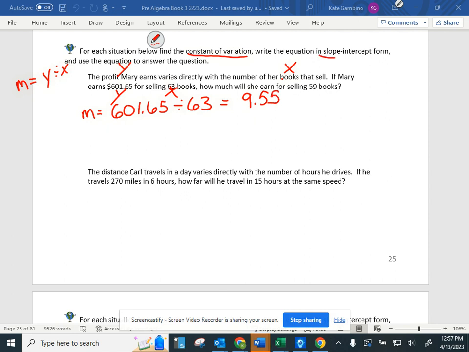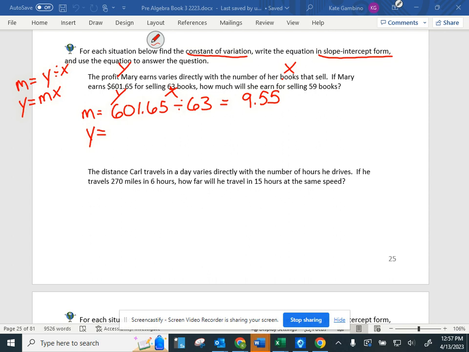So my second part is my slope-intercept form. So y equals what? Remember, our slope-intercept form, when it's a direct variation, is y equals mx. You don't have to worry about the plus b because it's always a plus 0 when it's a direct variation.